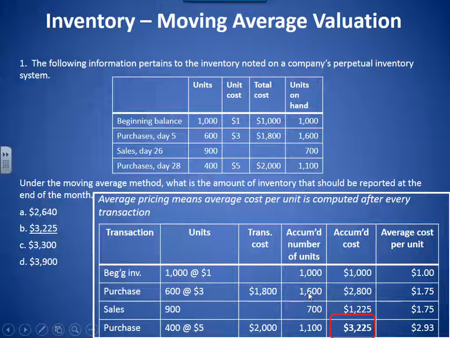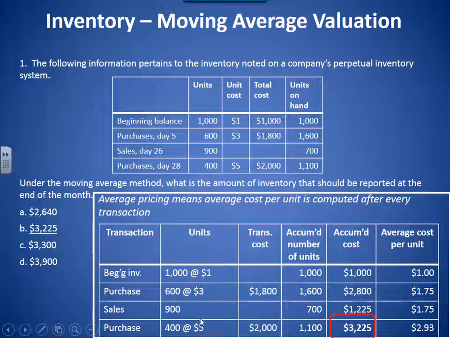Our accumulated cost would be the 1,000 original cost plus the $1,800 transaction cost, which means our inventory cost would be $2,800. If we take the $2,800 and divide it by the number of units on hand, it comes out to $1.75. That's our average cost per unit.